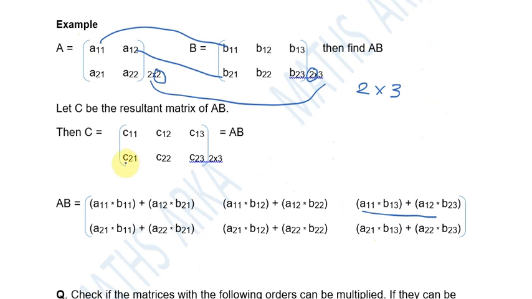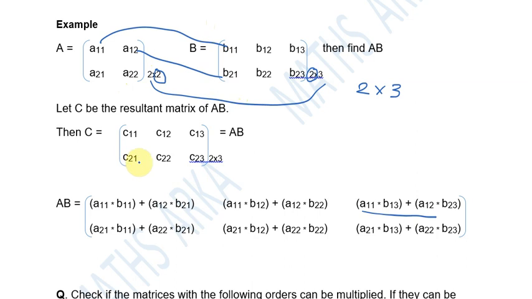For example, if we take C21, then we multiply the second row elements of the first matrix with the first column elements of the second matrix, that is A21 into B11 plus A22 into B21. So this way the row elements are multiplied with the column elements to get whatever generic element you need to find out.